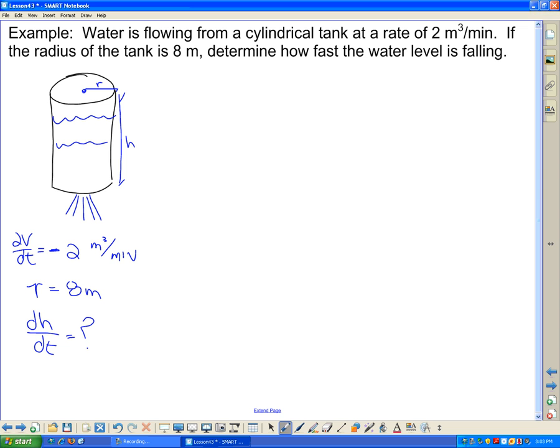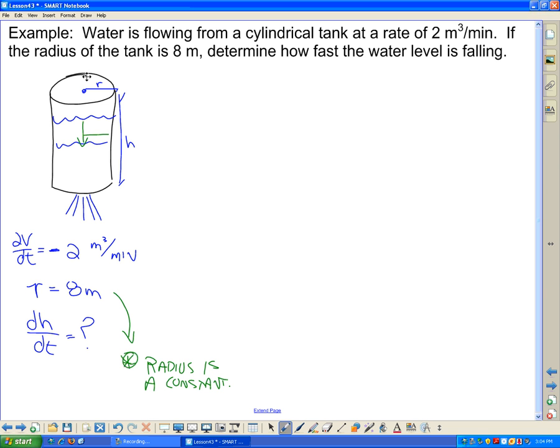Now again, you'll note we don't have dr by dt, but I always talk about this for a second. You got to be careful, because what do you know about radius? As the height decreases, the radius stays the same. So in this case, radius is a constant. So you got to be careful with which shape that you are dealing with, because sometimes radius and height, sometimes they may turn out to be constants.